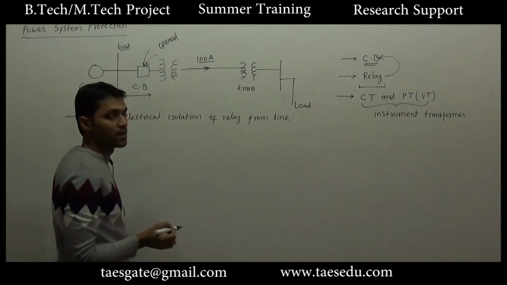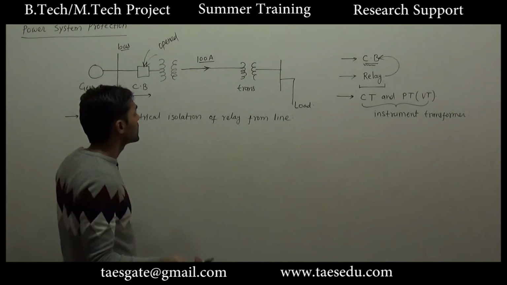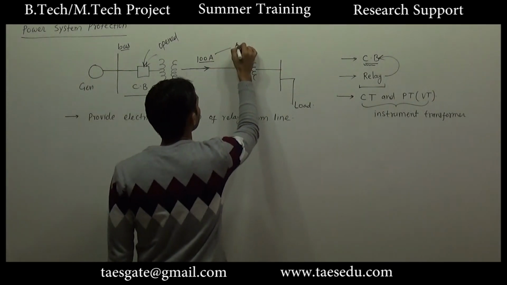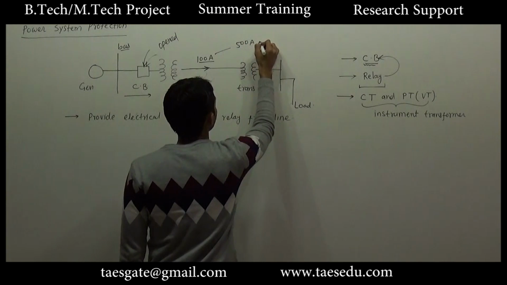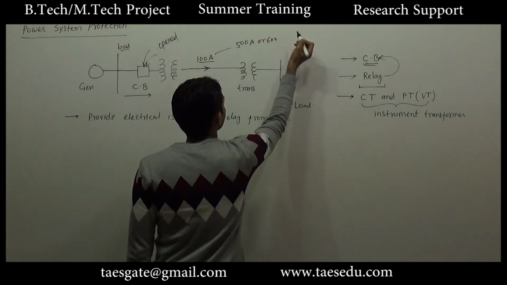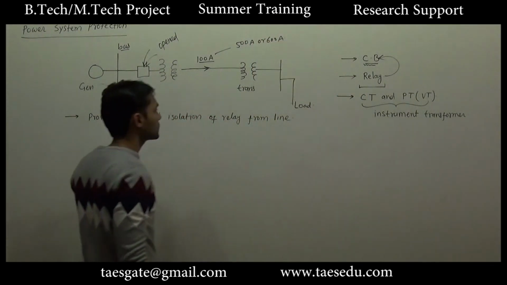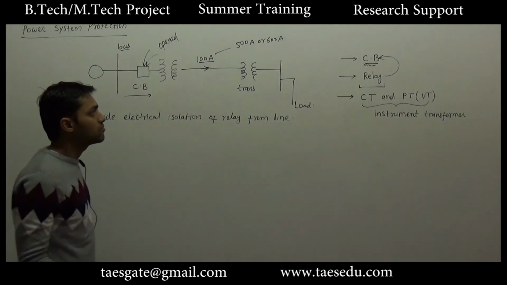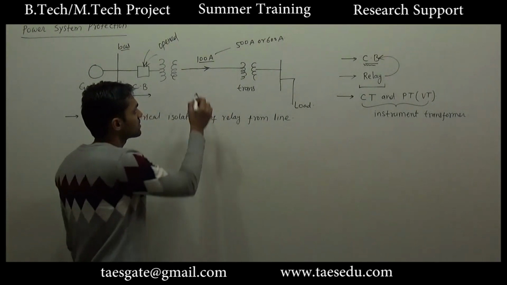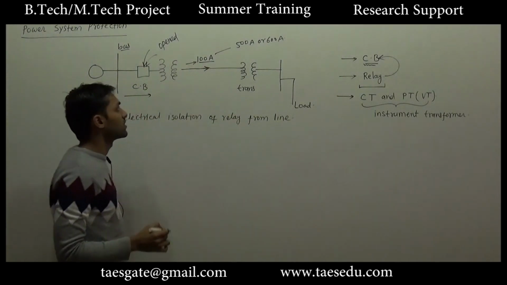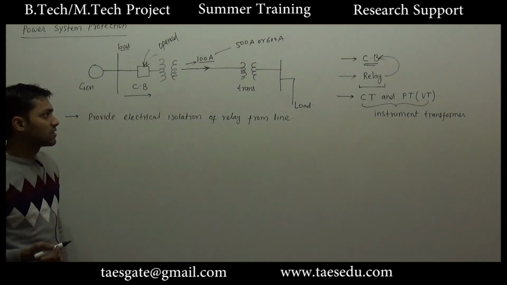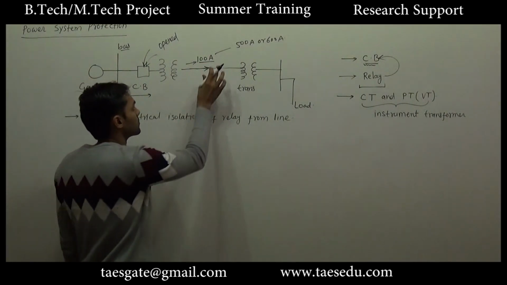Let's say it is 100 ampere, and in case of fault it may be as much as 500 or 600 ampere or even higher. So the relay is not going to sense these currents. Instead, we use a current transformer.